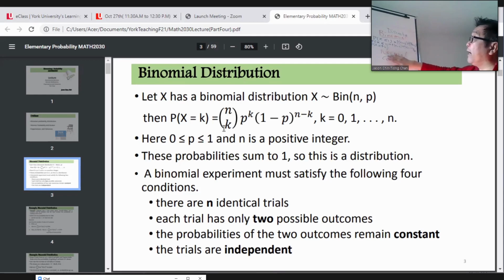So first, we need to study this one. After that, we study this one. Then we get help from the normal to solve these kinds of questions. The method we call normal approximations.